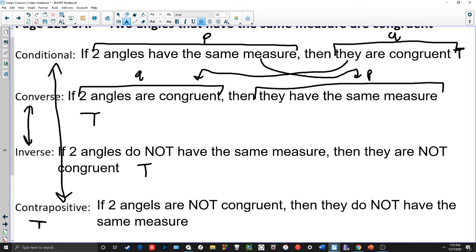Or I guess you could also think about it as flipping your inverse. So you take your Q, you take your P, and you flip it that are on the inverse. And as we said here, this is going to be a true statement, because again, if the conditional is true, the contrapositive also has to be true. I said angels there, should be angles, my bad.